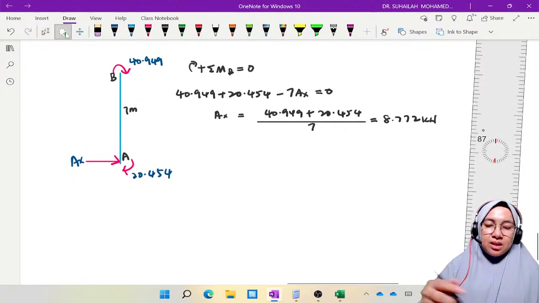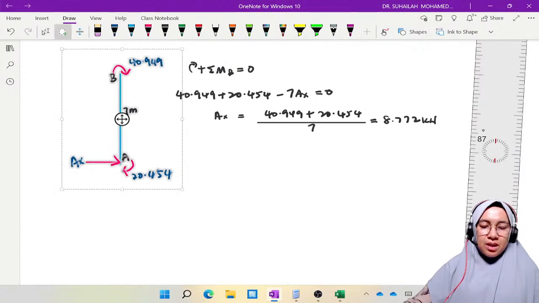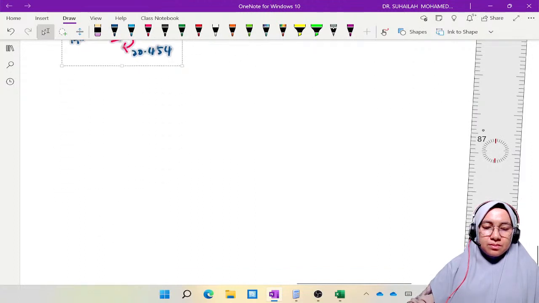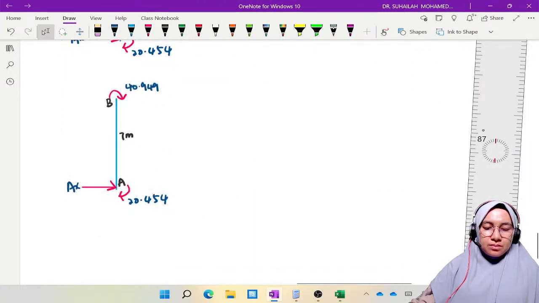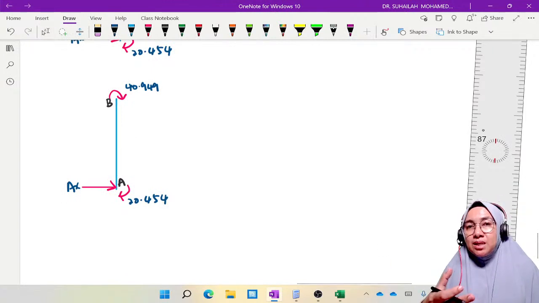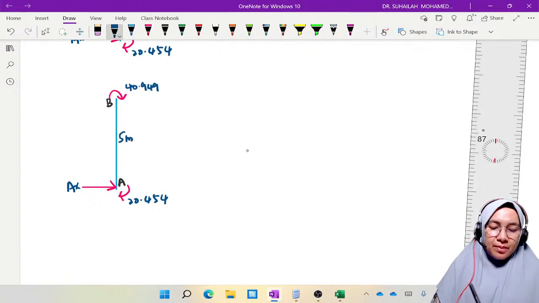it is actually the same thing. But for member CD, the length of the member is 5 meter.